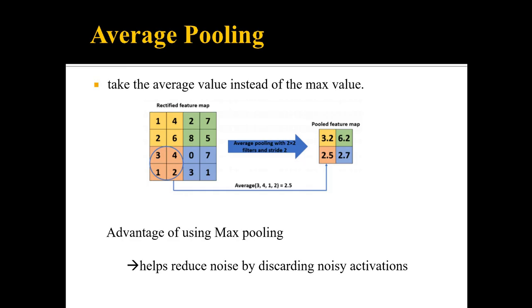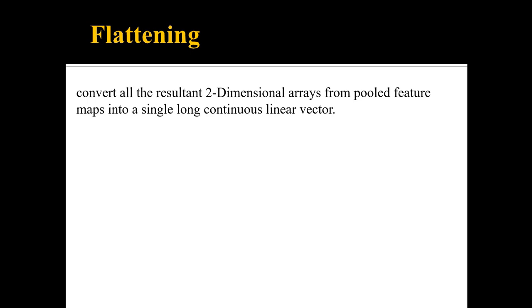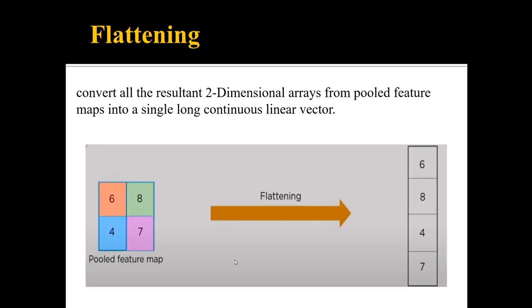Okay, so next we have the flattening. Flattening will convert all the two-dimensional arrays from the pooled feature maps into a single long continuous linear vector. This is how it is done. Here you will take the pooled feature map.